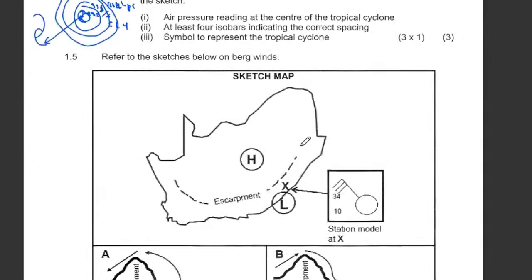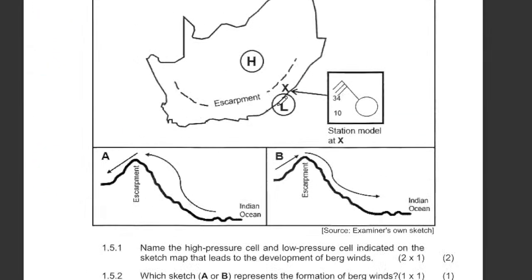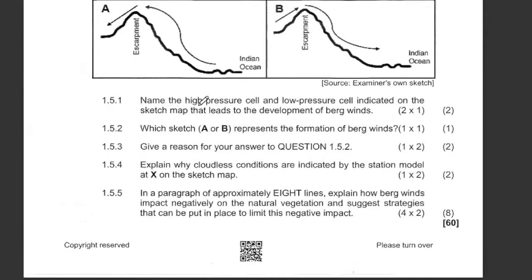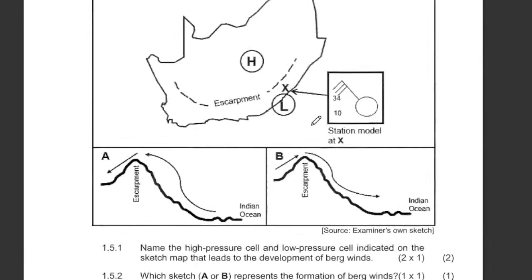Okay. Go to the next diagram, refer to the berg winds indicated here on the map. First question: name the high pressure cell and the low pressure cell indicated in the sketch map that lead to the development of the berg winds.